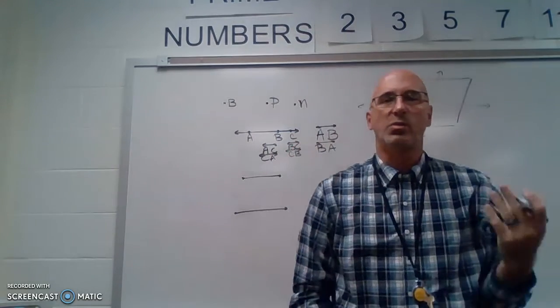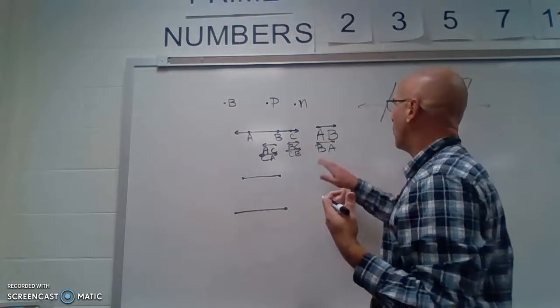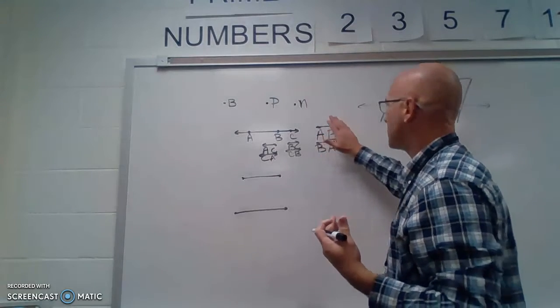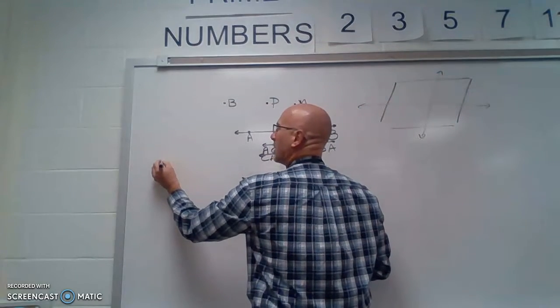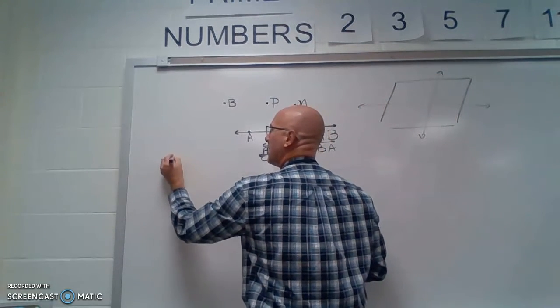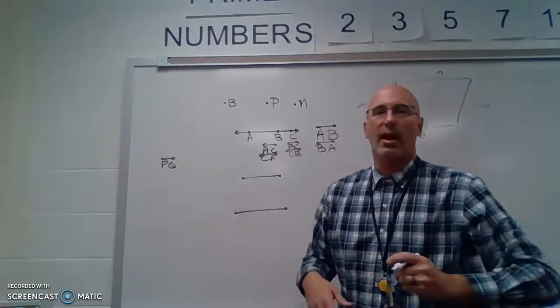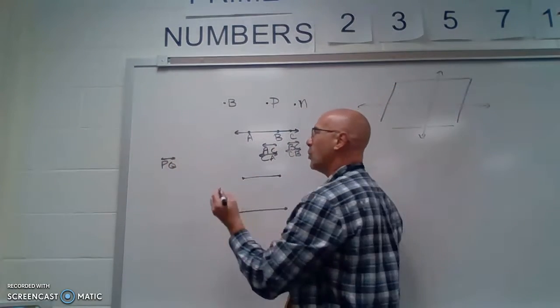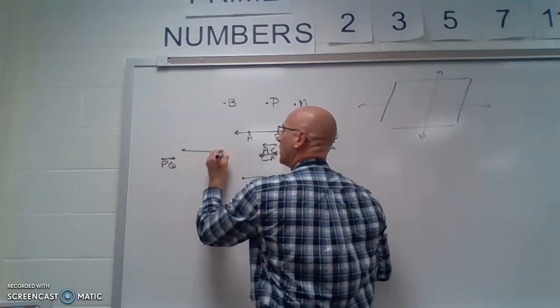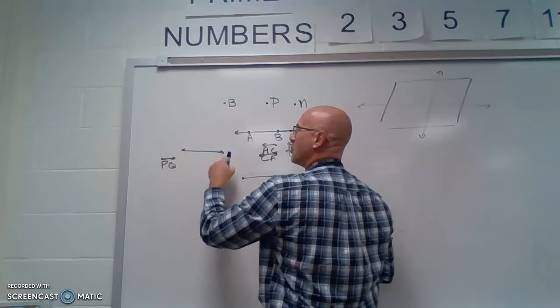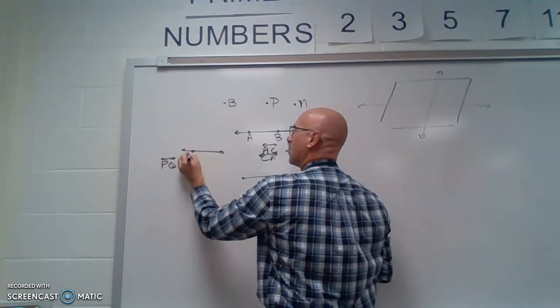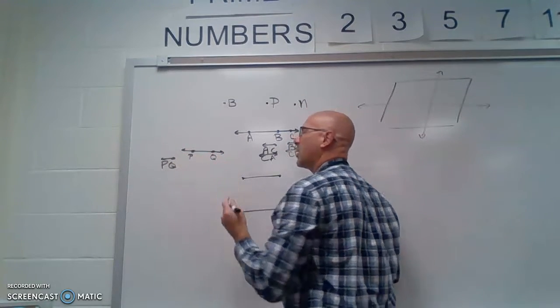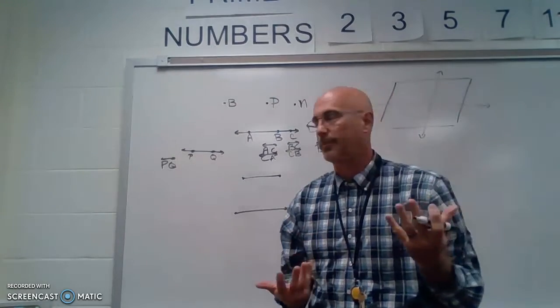There are many ways we can name it. But whenever we see this, say we're given line PQ, we have a line symbol. We could draw that. It would be a straight line with 2 arrows, and we would just label a P and a Q. That's how we label it.